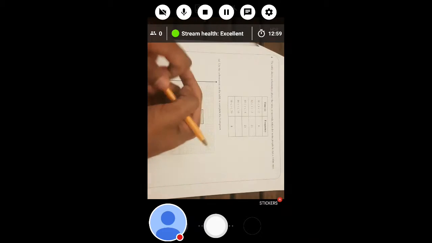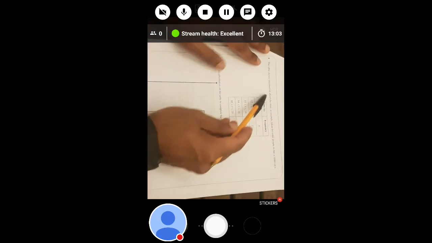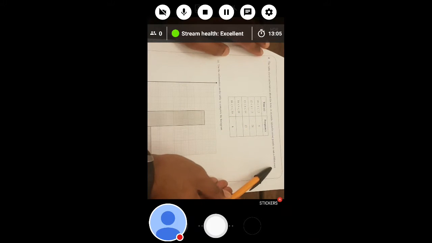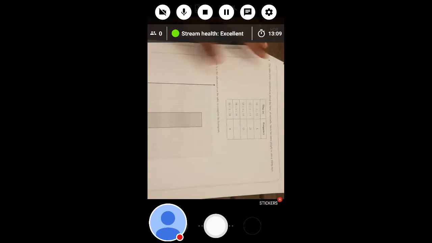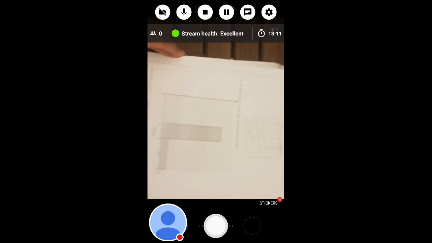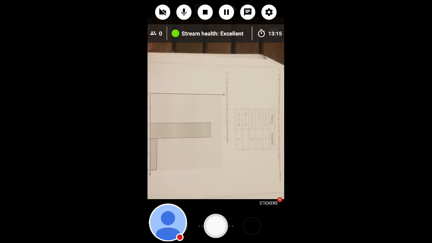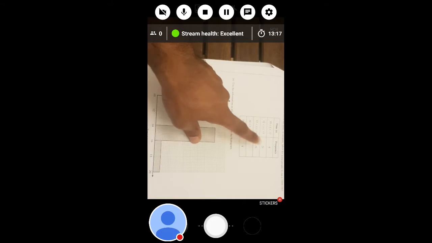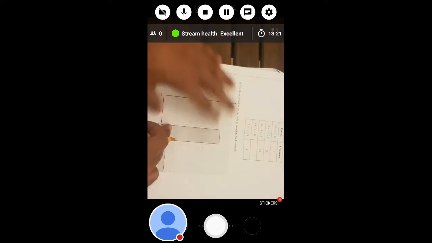So the table shows information about the time in seconds taken for some people to run a 100-meter race. Right, so over here I can see they've already started drawing a histogram. There's bits of information in the table, and there's bits missing. If you look at the histogram, this whole section is missing.